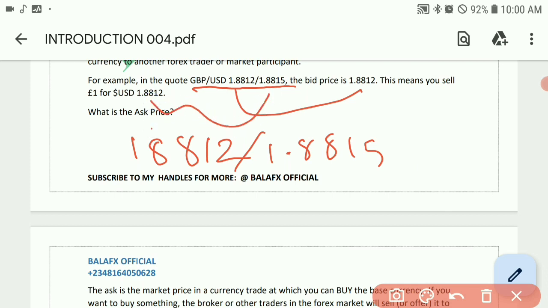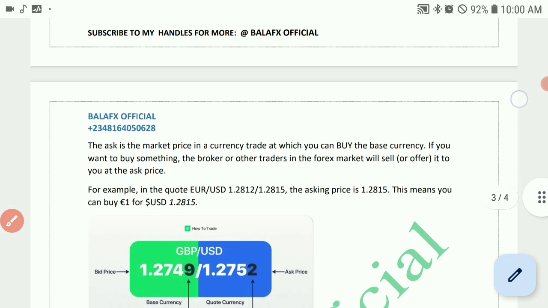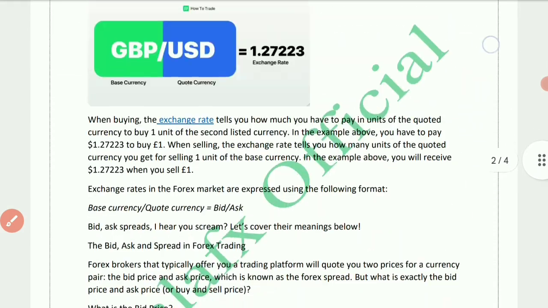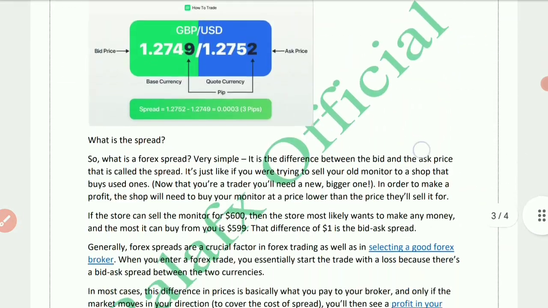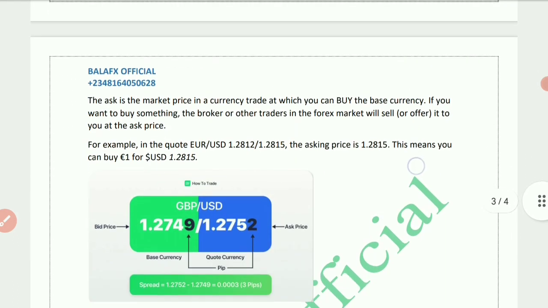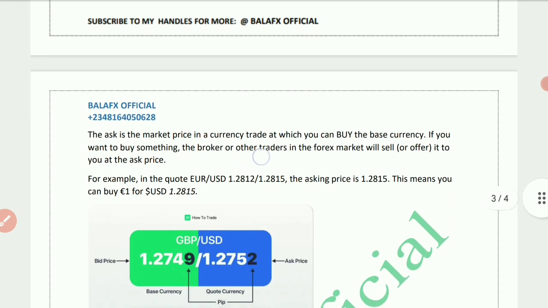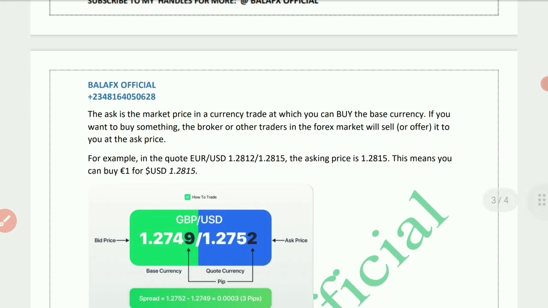So what is the ask price? Let's go down. This is for the bid price. The ask price is the price in a currency trade at which you can buy the base currency.